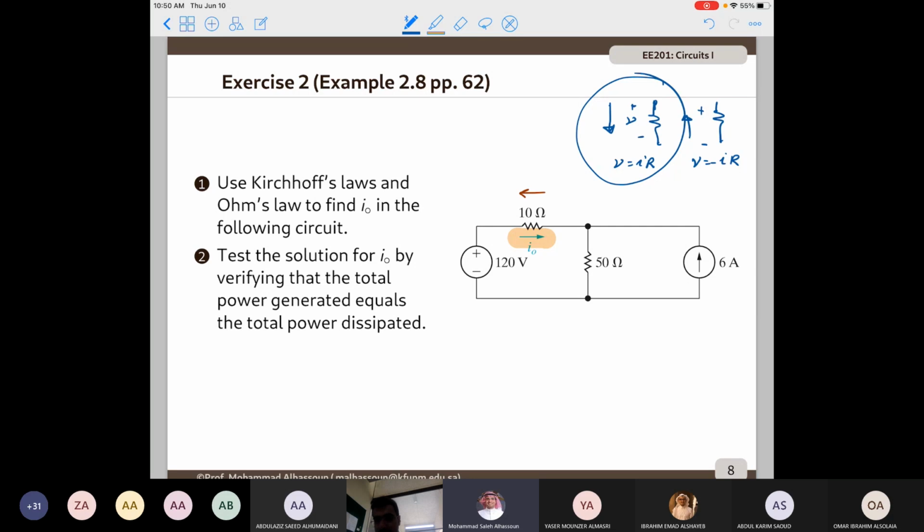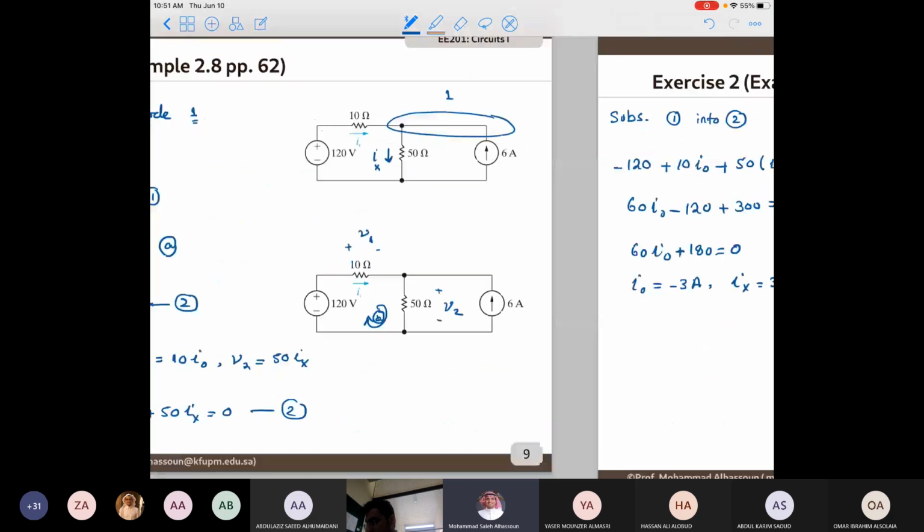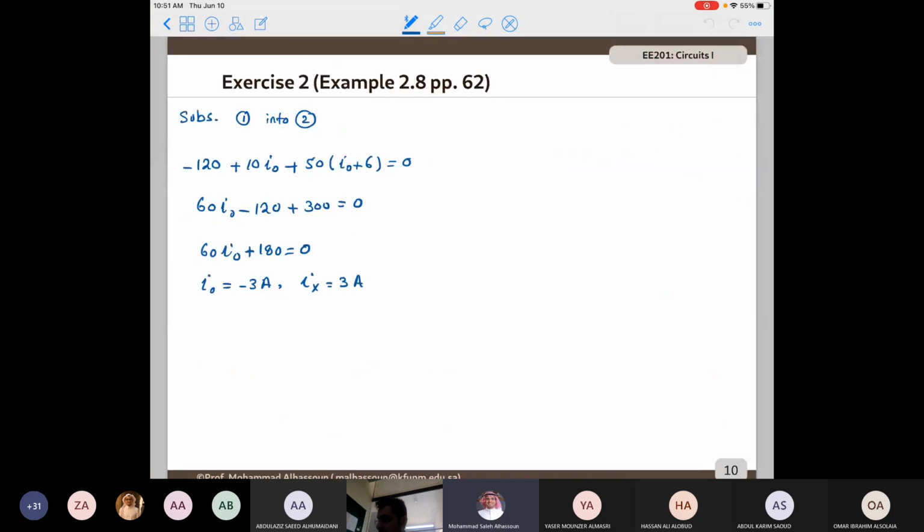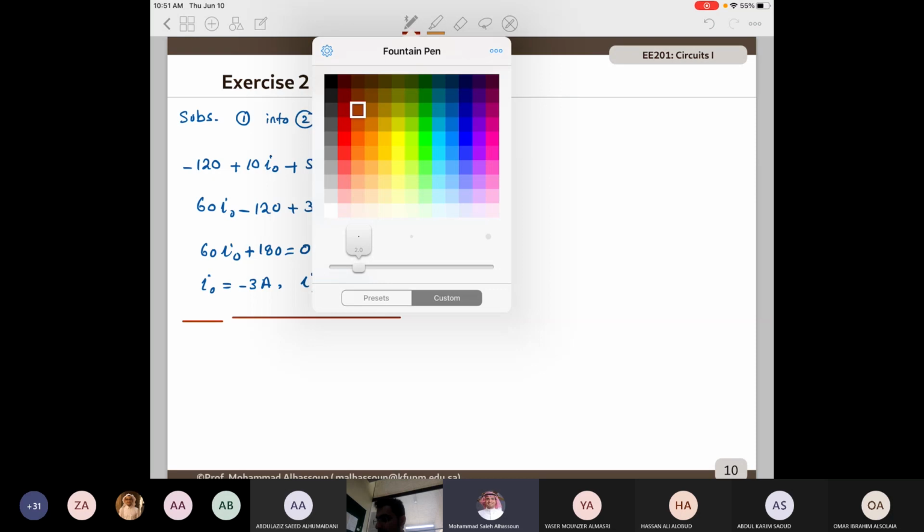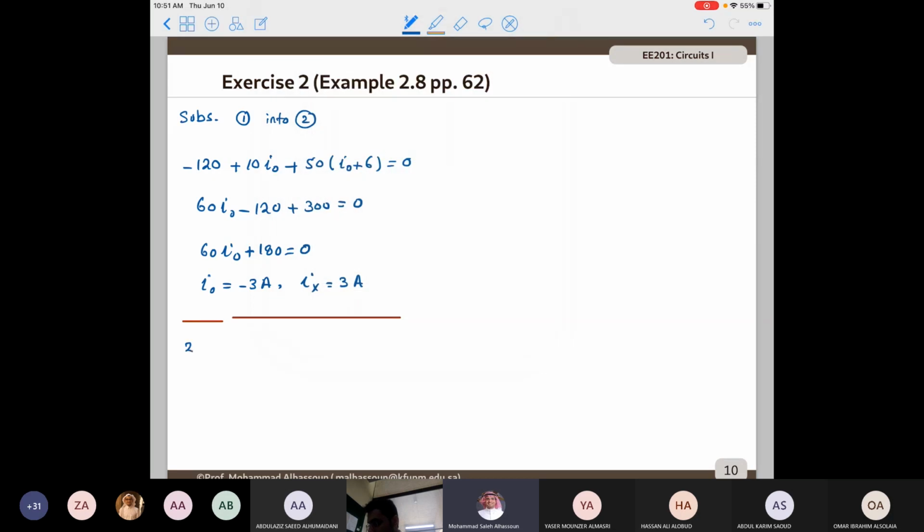Hassan? No, I want to answer the power. Okay, go ahead for part 2. So you need to test our solution by verifying that the total power generated equals the total power dissipated. In general, the total power generated must be equal to the total power dissipated.